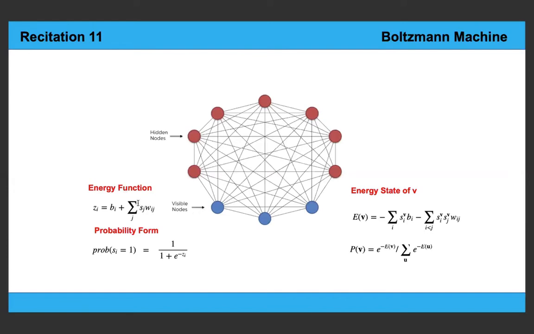First, there is the total input function: z_i is the bias term b_i plus the sum of the products of the weights w_ij with the nodes s_j. Here w_ij is the weight between the nodes, and s_j are the nodes that have already been turned on.